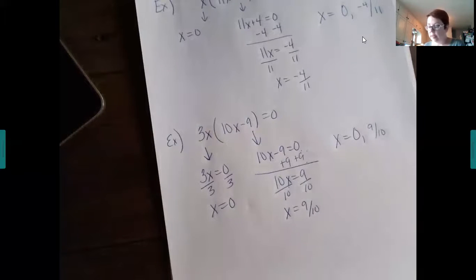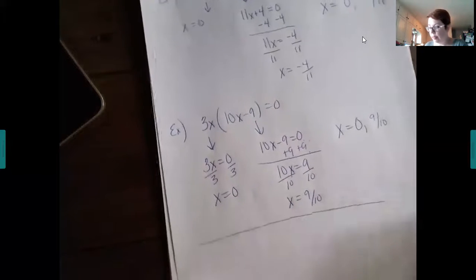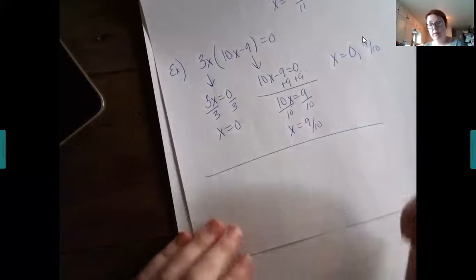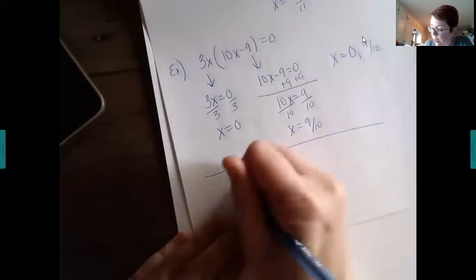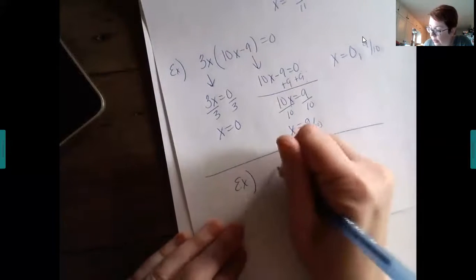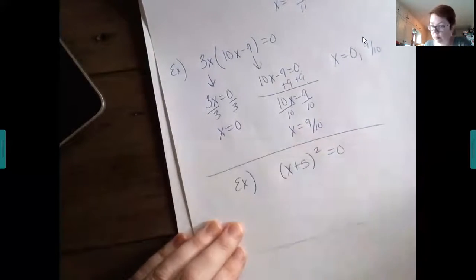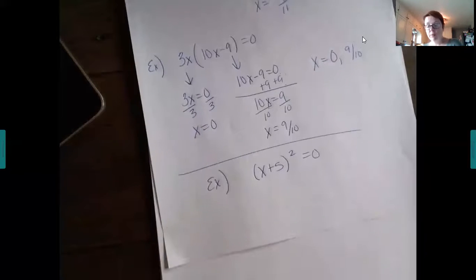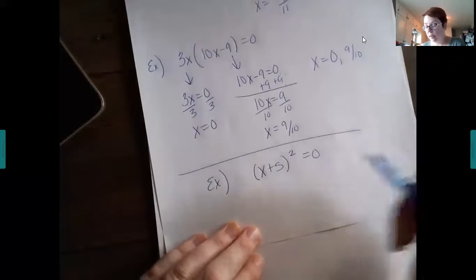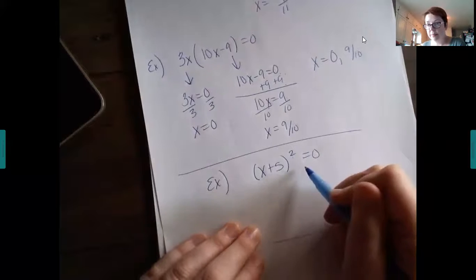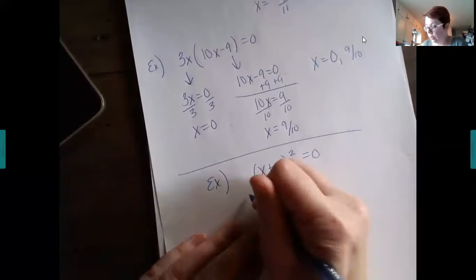Okay. And also you might get the same answer. That happens when you have the same thing that's squared. So it might look something like this. Remember when we FOILed it out before when we were multiplying, this meant that we have x plus 5 times another x plus 5.